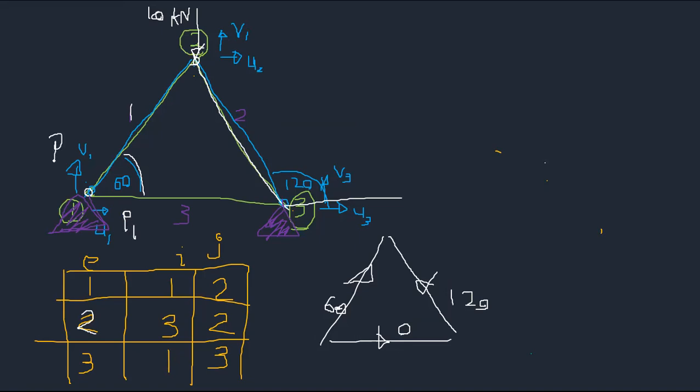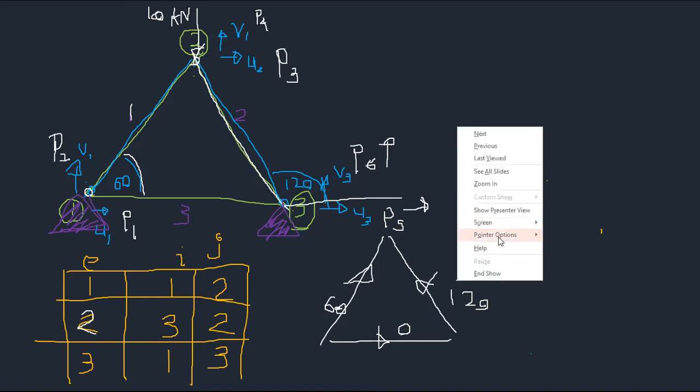P1, P2, P3, P4. Order is very important because always X comes first, then Y comes second, right? This is P5, this is P6, force in vertical direction and force in horizontal direction.